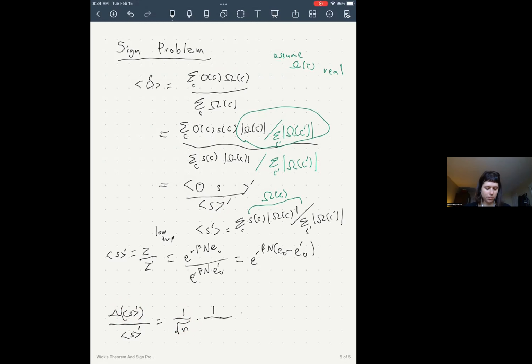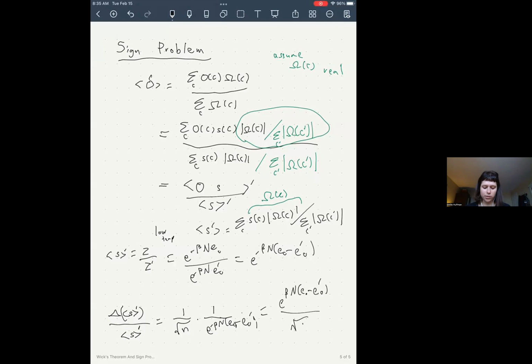And this second piece, 1 over the S prime average, is e to the minus beta n times E naught minus E naught prime. That's equal to e to the beta n times this quantity divided by the square root of n.